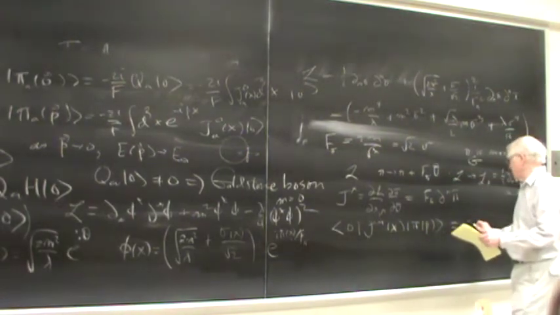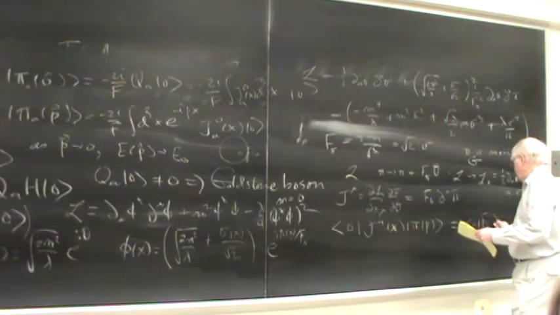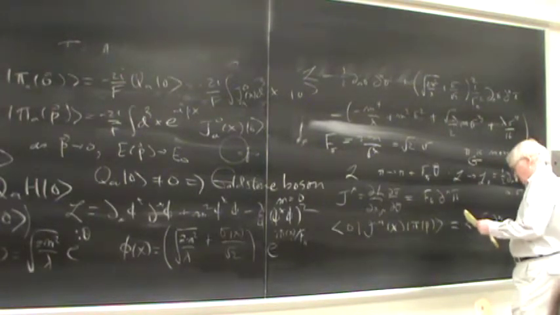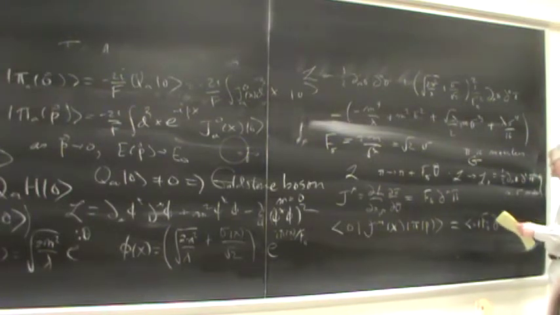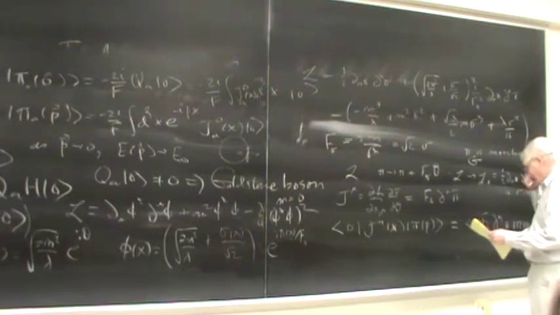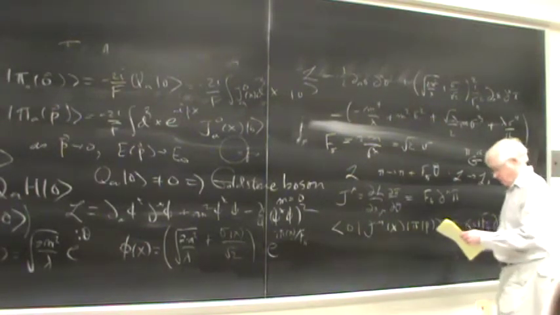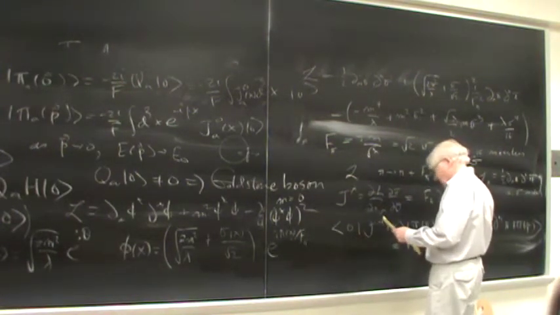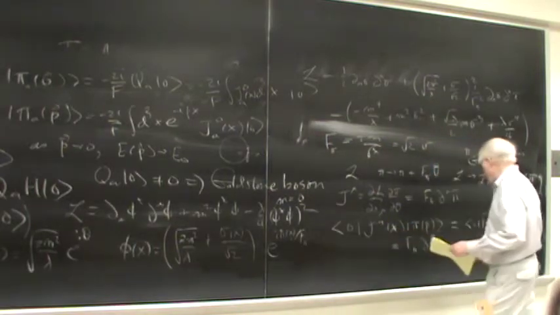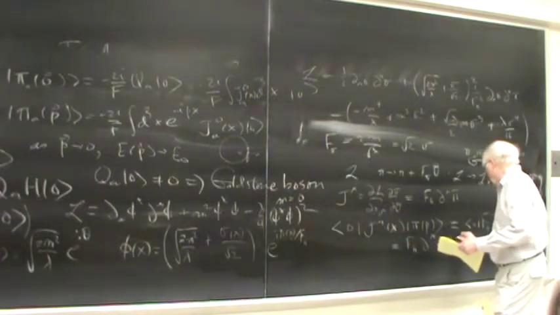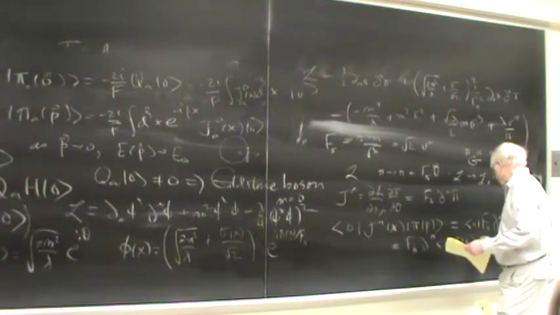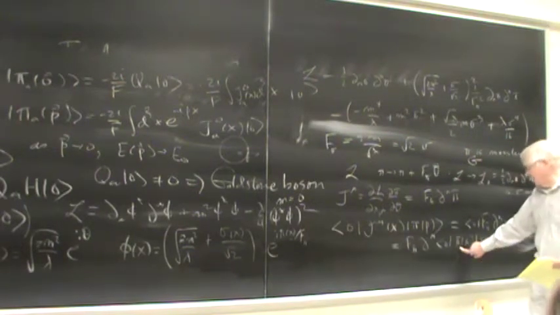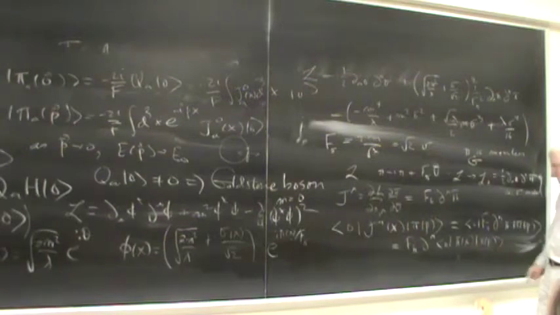Well, that is 0 f pi d mu pi on a pi of p. We can pull out the derivative and the f pi, so we get f pi d mu. And now we have 0 pi of x, so this is the pi field, this is the pi state of momentum p.